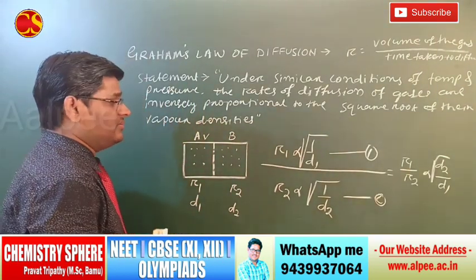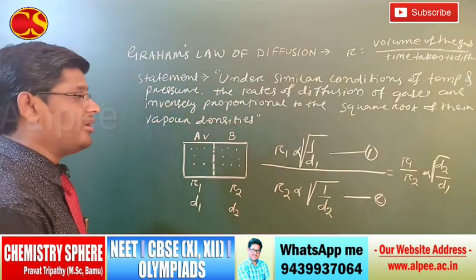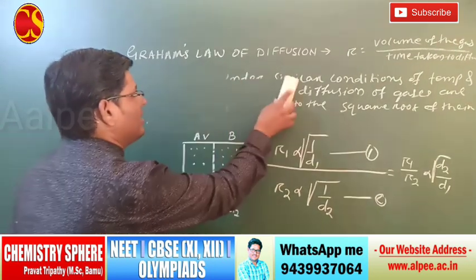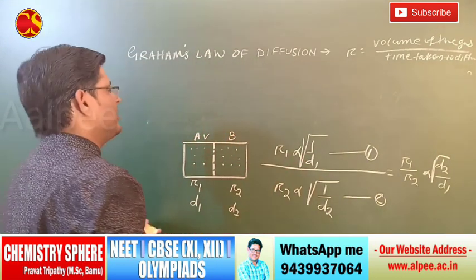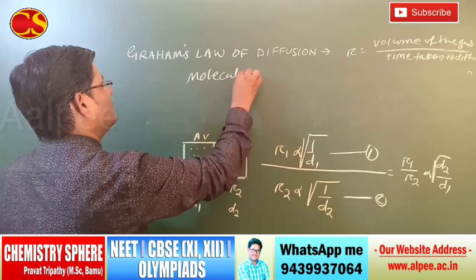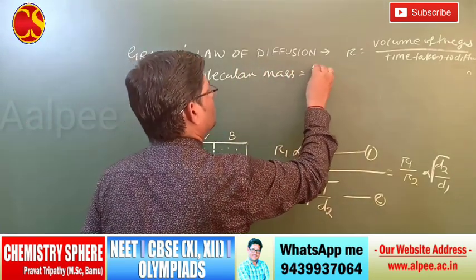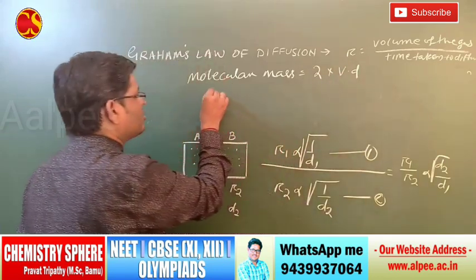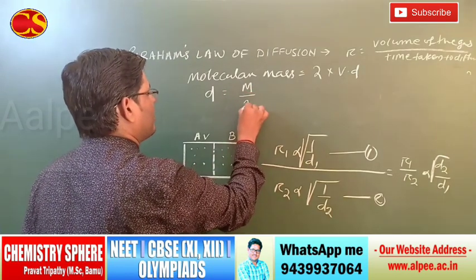Then we know that molecular mass is equal to 2 into vapor density. Hence, density is equal to molecular mass divided by 2.